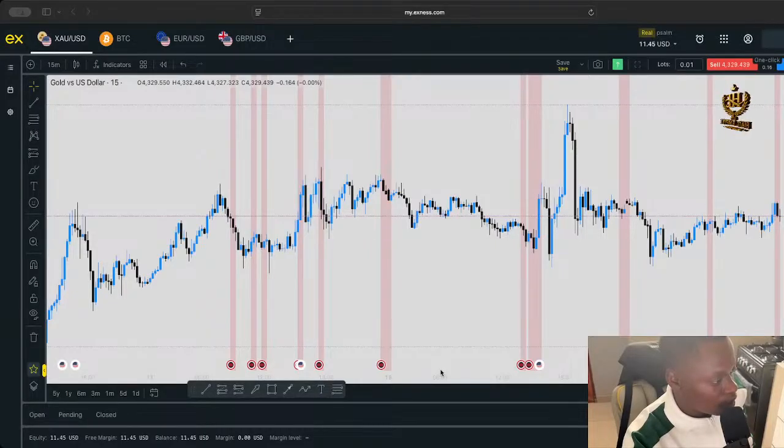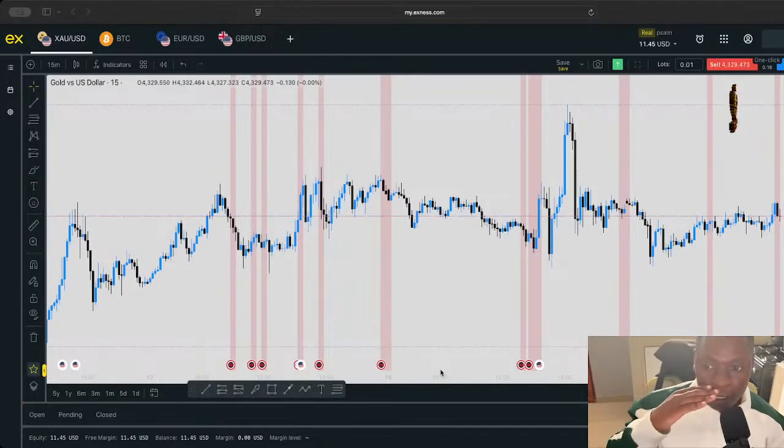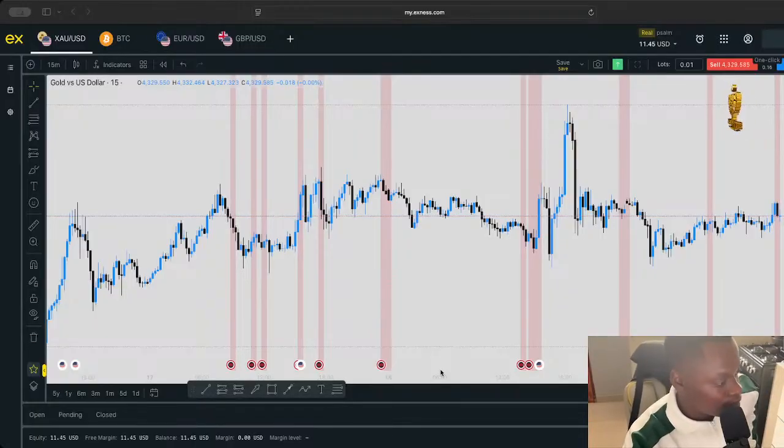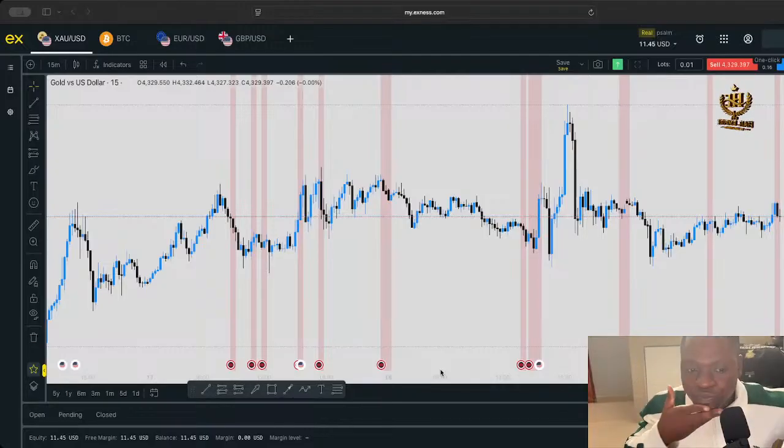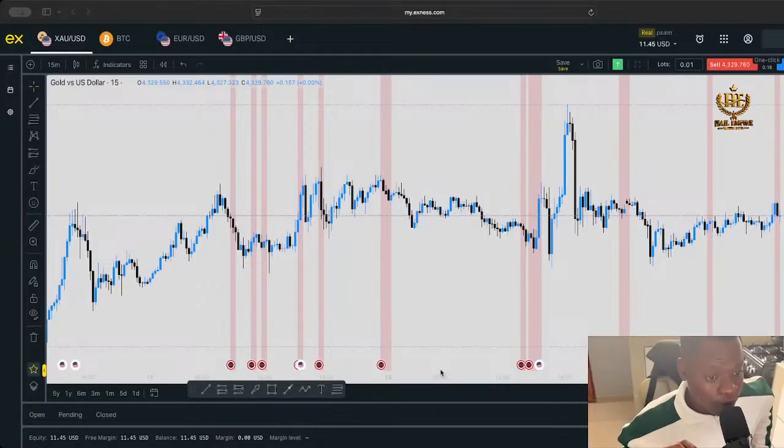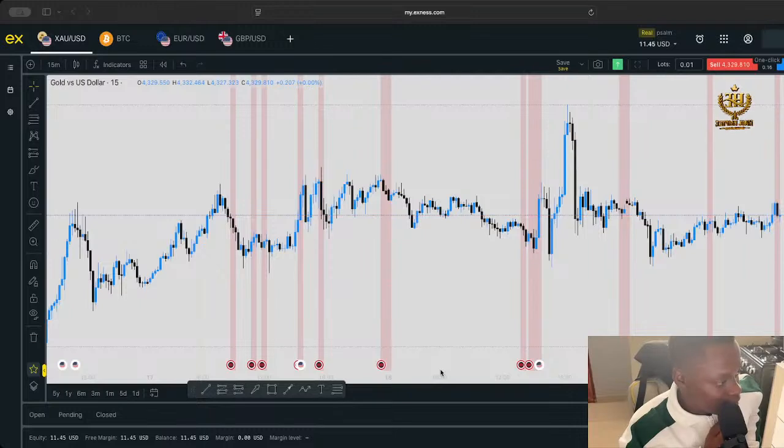The New York session has already started. We are a bit late, but I believe we can still catch the move on gold.